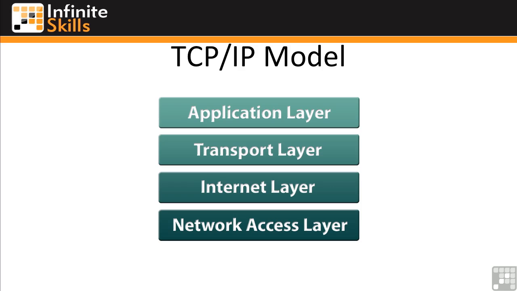And as I mentioned with the OSI model, there's sometimes confusion about exactly where different protocols sit, particularly with the session layer. So in the TCP model, they just made it a lot more simple, and it's really just 4 layers. So we've got the network access layer, the internet layer, the transport layer, and the application layer.